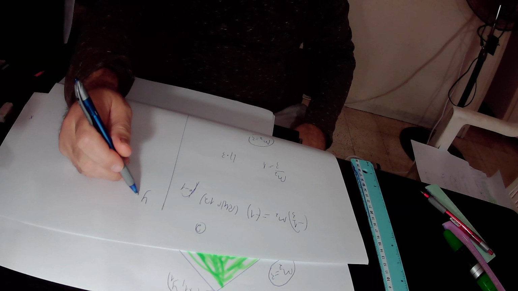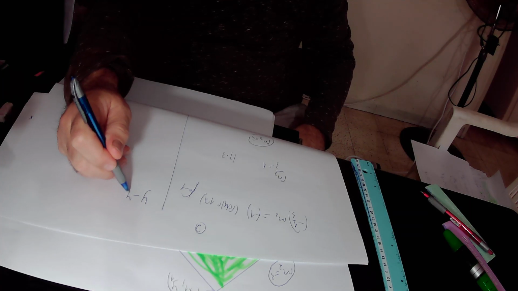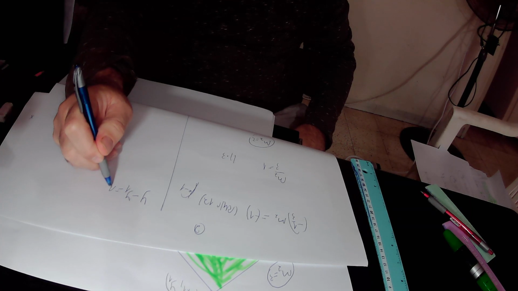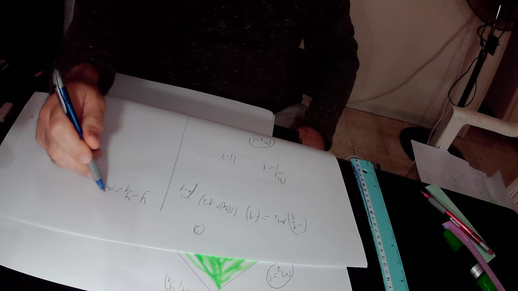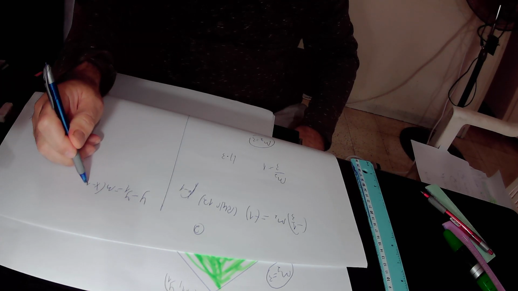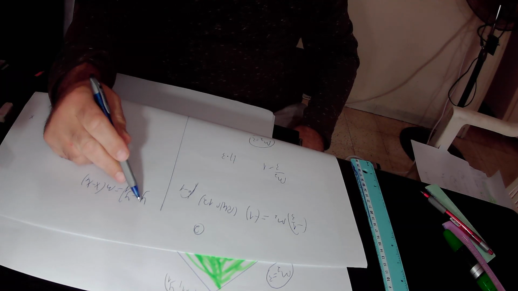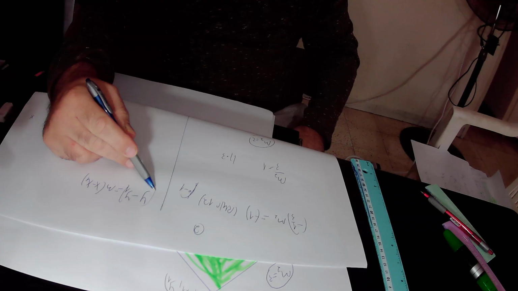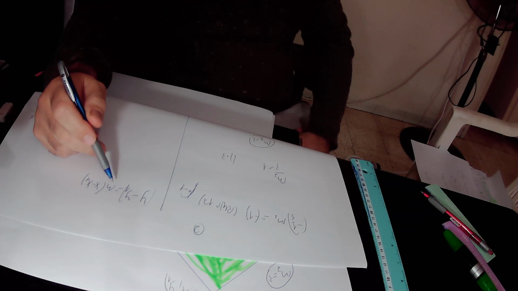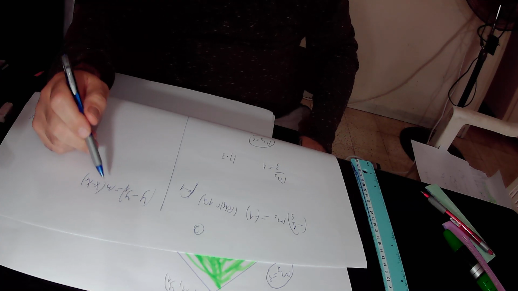According to the formula, y minus y1 equals m, the slope, times x minus x1. x1 and y1 are the two coordinates whose values we know.